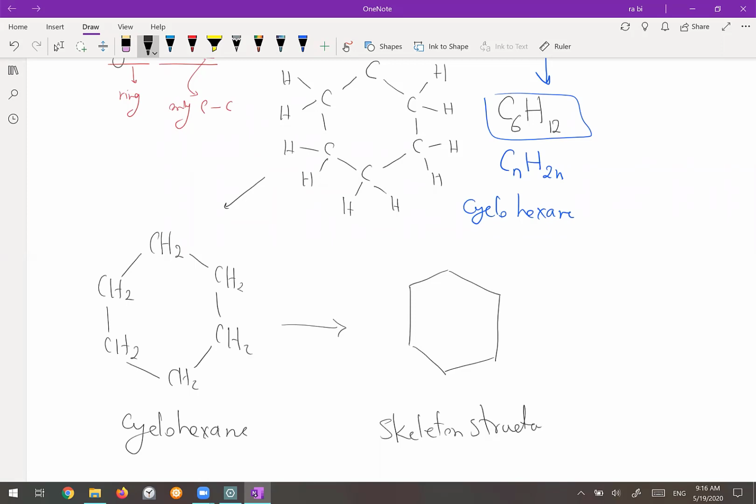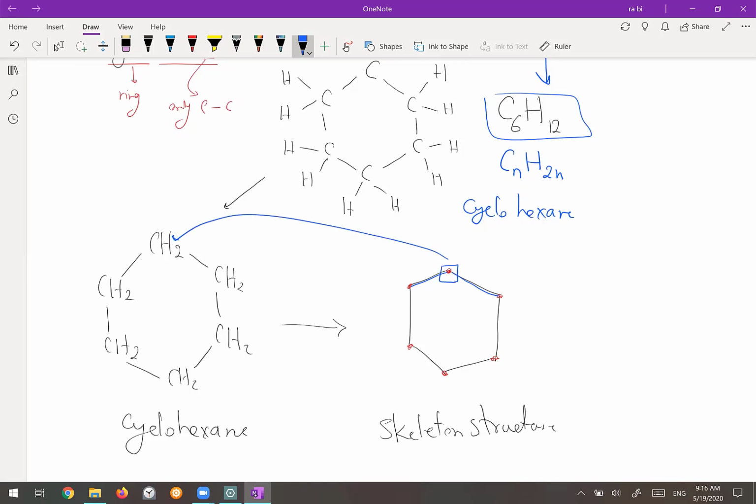In a skeleton structure, at each corner you have carbon. So here I have one carbon, 2, 3, 4, 5, 6. So it suggests that I have 6 carbon, and each carbon has 2 bonds. This is one bond, this is the second bond. So we know that there must be 2 hydrogens, so what we have here is CH2 because it's the corner.